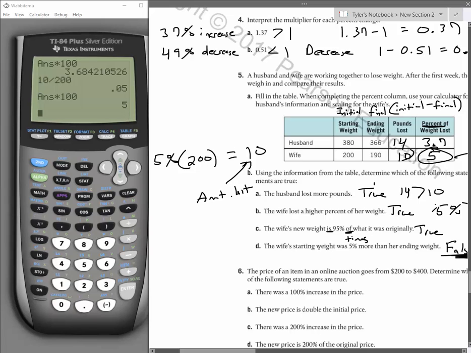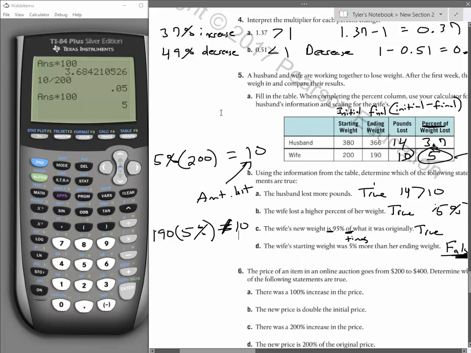But this is saying the wife's starting weight was 5% more than her ending weight. So this is trying to go backwards. If I take 190 times 5%, then this is supposed to equal this distance in between, or this 10. But this doesn't, in fact, equal 10.